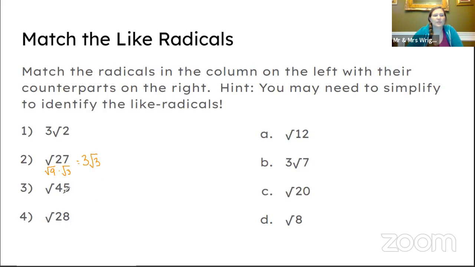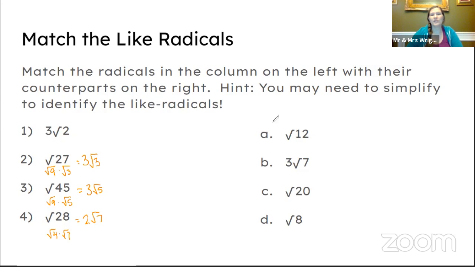Same thing with radical 45. It is square root 9 times square root 5, which ends up being 3 radical 5. 28 is radical 4 times radical 7. So the 4, I can actually do that. That's a perfect square. So square root of 4 is 2, and then square root of 7.